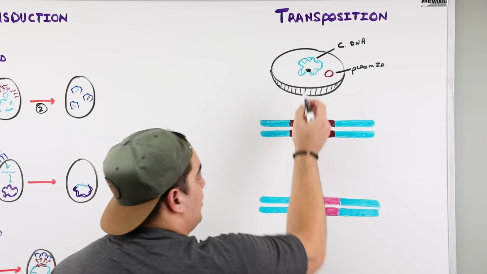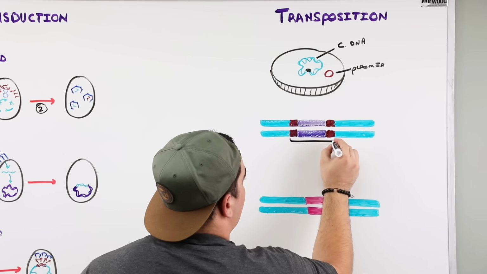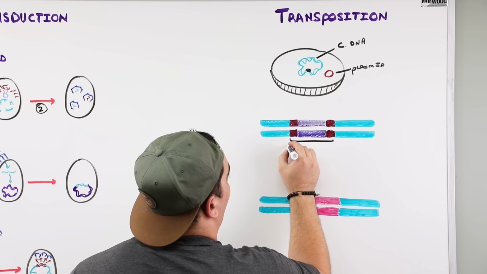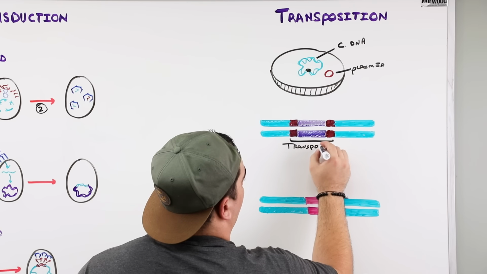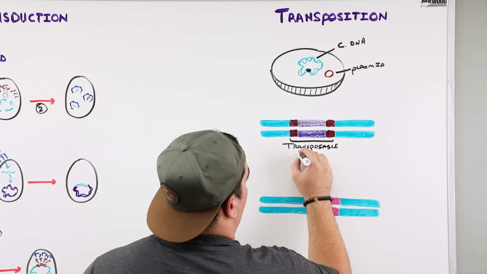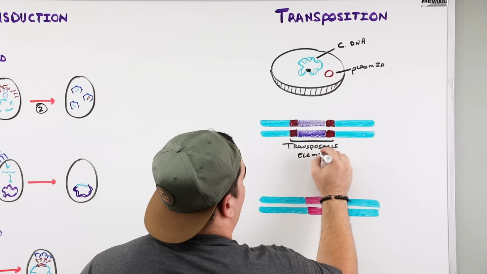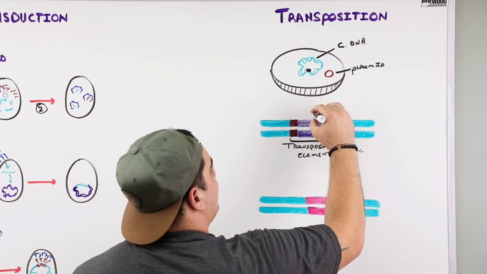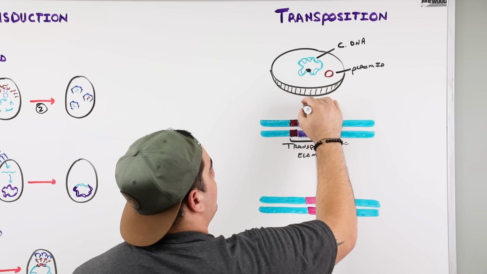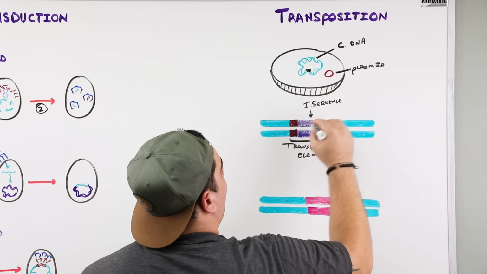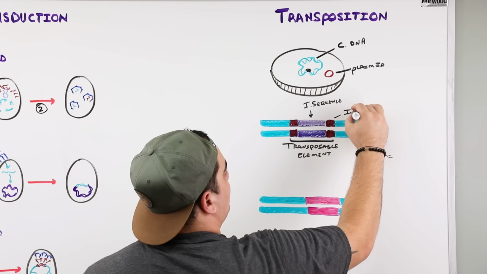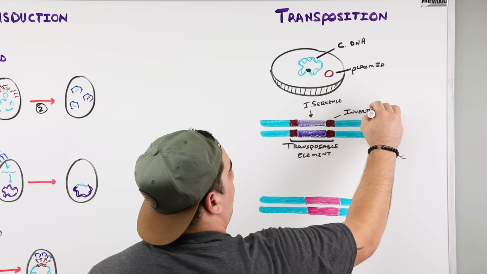This element, which we're zooming in on, is what's called a transposable element. It has two particular parts. So it has this thing called your insertion sequence, which is this purple part. And then on the sides here, it has these things called inverted repeats.